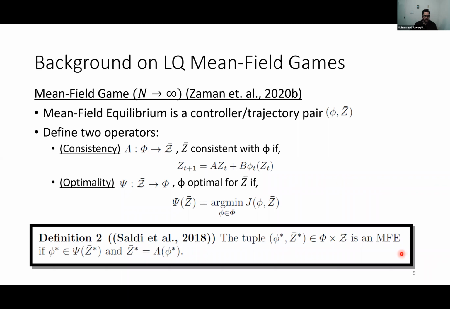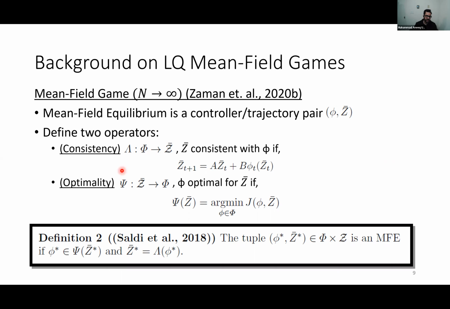Now we can define the mean field equilibrium in the mean field game. A mean field equilibrium is always a tuple, a pair of a controller and a trajectory. Before defining it, we define two operators, which is pretty standard in the mean field literature.